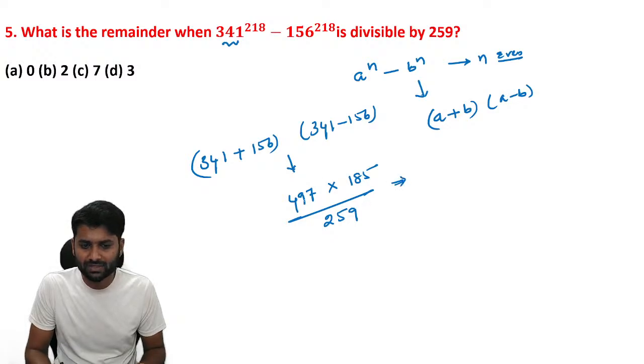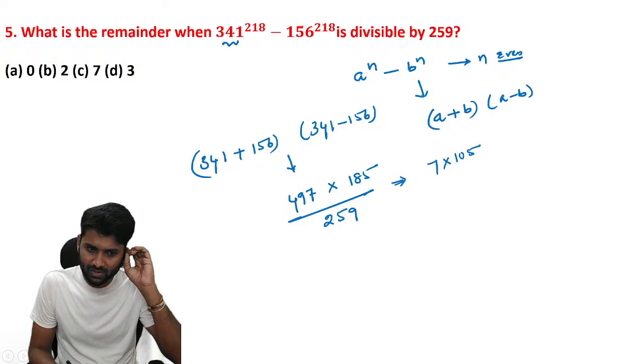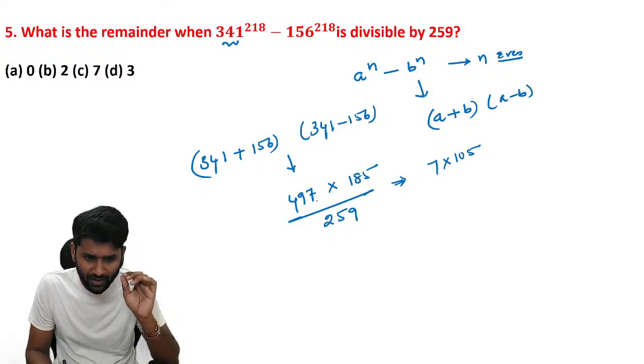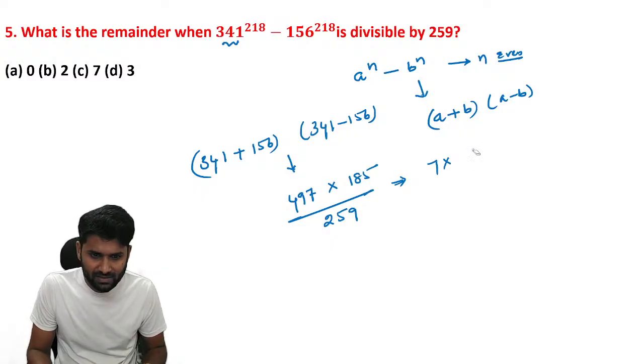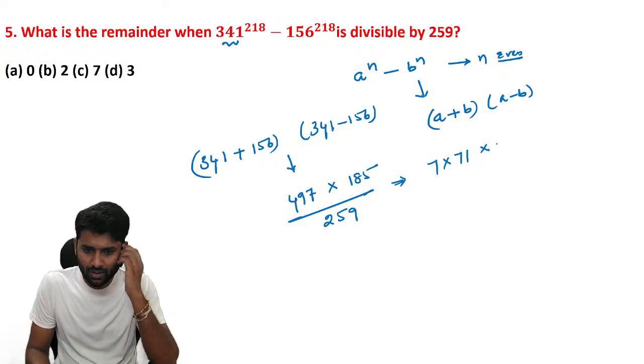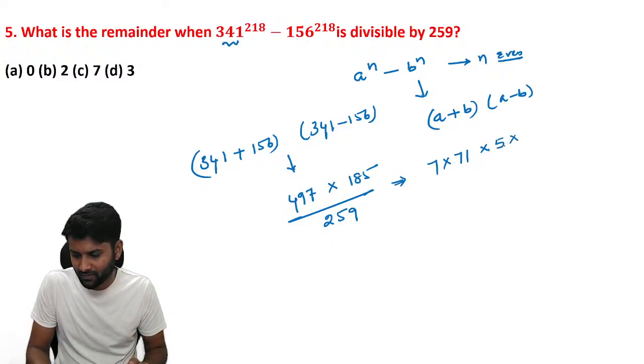Again, just go through the split. 497: 7 is multiplied with 71 times. 7 sevens are 49. Sorry. So it's 71 times. And 185, you can go through the 5 table: 5 multiplied with 37.